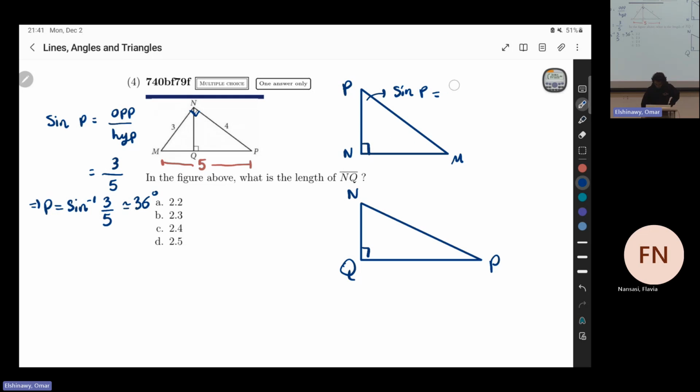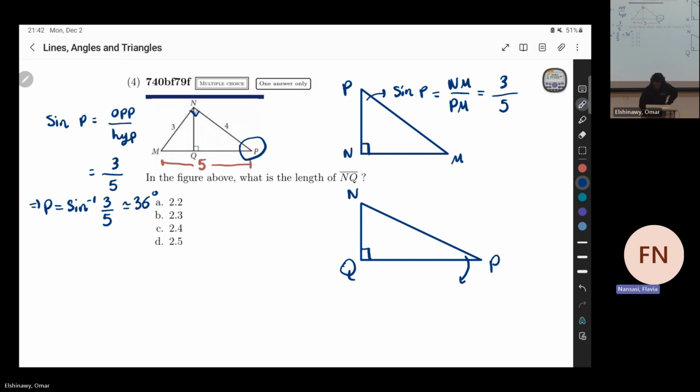So NM divided by PM. Now PM is 5 and NM is 3. Now you want to make use of the fact that this angle is also in the other right angle triangle. Okay, now go on. What do you want to say next?